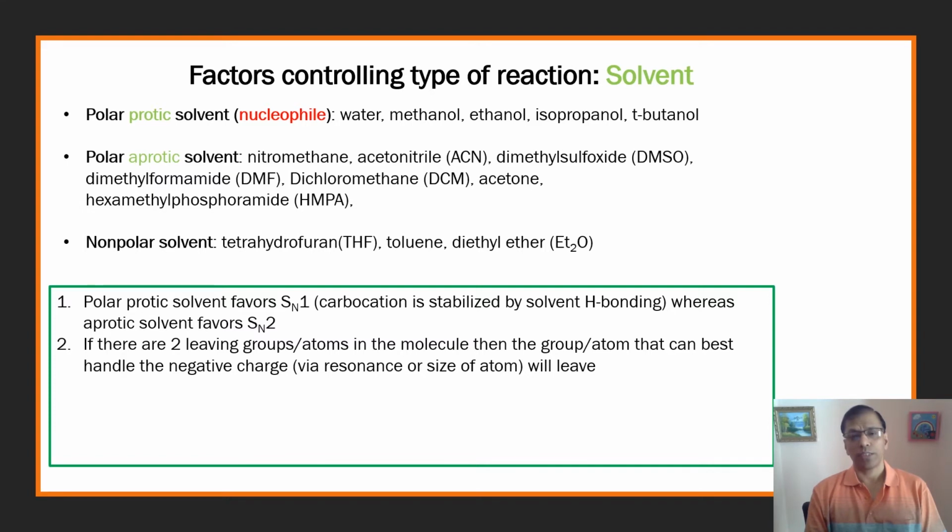If there are two leaving groups in the molecule, then the atom that can best handle the negative charge will leave. And how do you decide which atom or group is going to best handle the negative charge? You have to see if the anion can have resonance, or if the size of atom is large. So larger the size of the atom, better it can handle the negative charge.